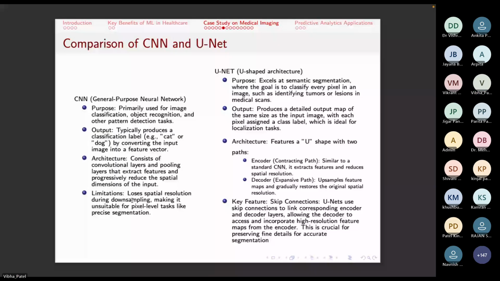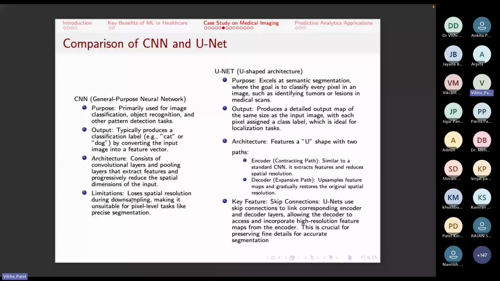Right? So the basic architecture, the four basic components that I have listed, I have already discussed in detail related to CNN. But what are the distinguishing features of UNet as compared to CNN? UNet works at pixel level. It's mainly used for semantic segmentation. The goal of UNet is to classify each and every pixel in the image.